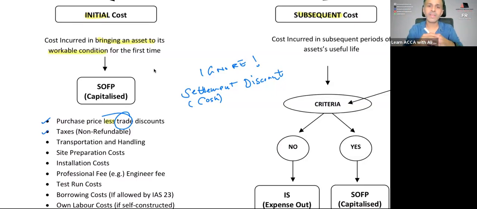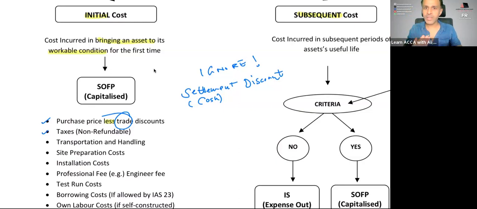At both places, to bring that asset into your country, to let it enter the border, you definitely have to pay a lot of duties. And these duties are non-refundable. Else, your asset cannot enter. You will not be able to release that asset from customs unless the duties are cleared.